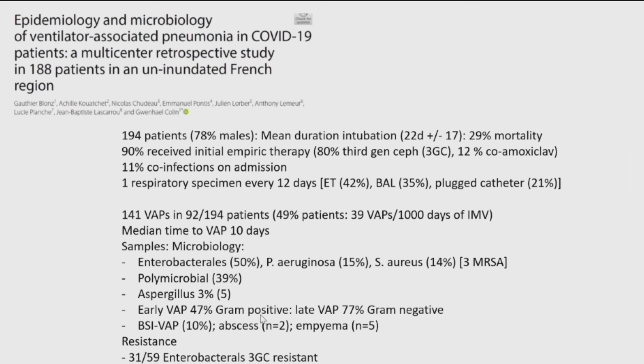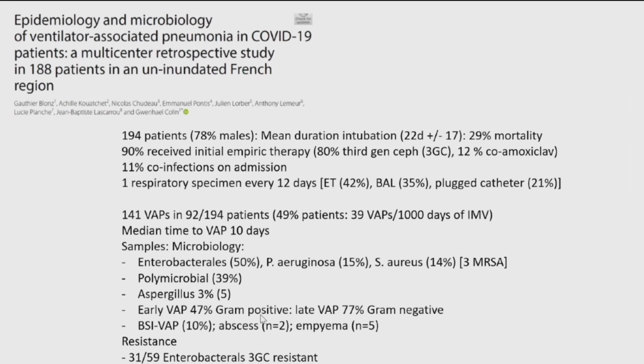Respiratory samples taken every 12 days showed 141 VAPs, in almost 49% of the patients, and the median time to VAP was 10 days. In this they found Enterobacteriaceae as a major contributor, almost 50%, 15% Pseudomonas, MRSA 14%, polymicrobial 14%, and Aspergillosis 3%. So as we can see, multi-drug resistance was again almost 60%.